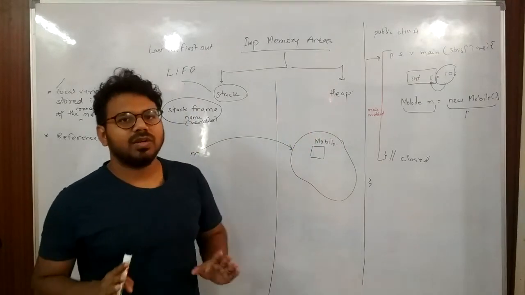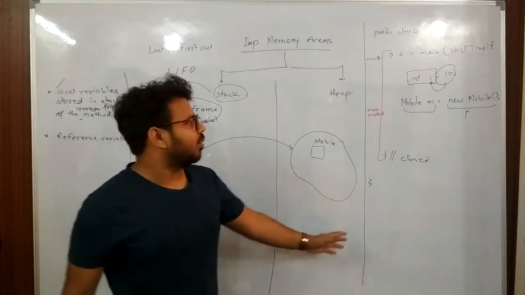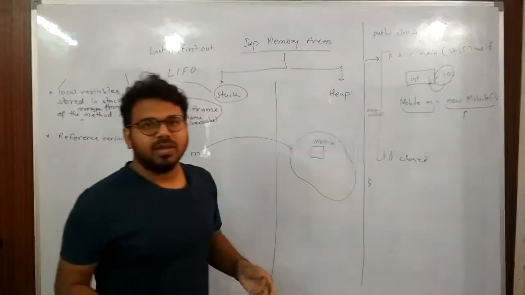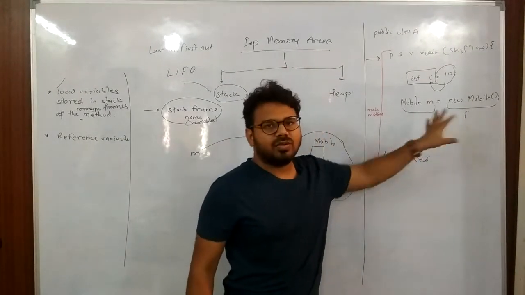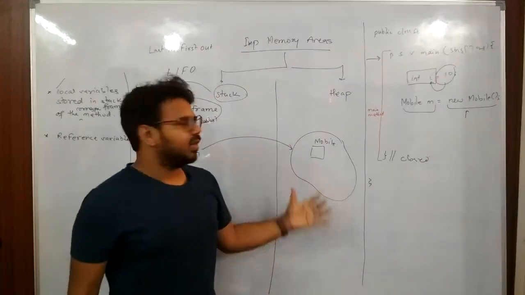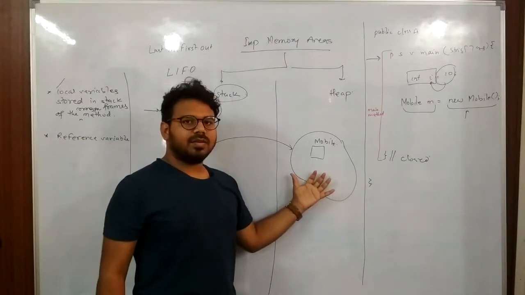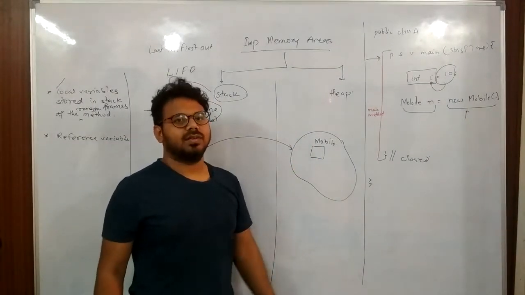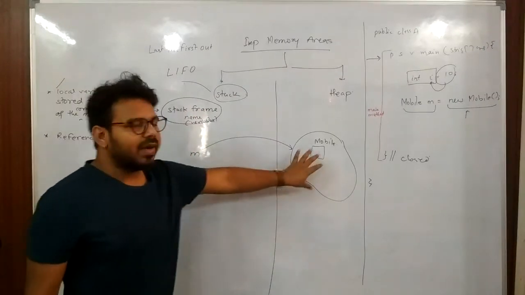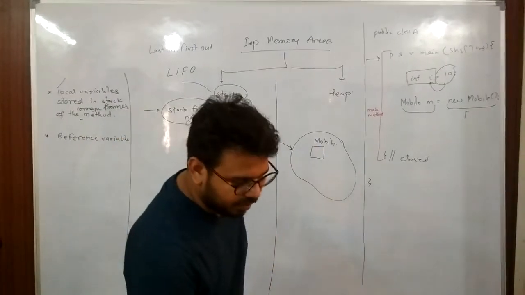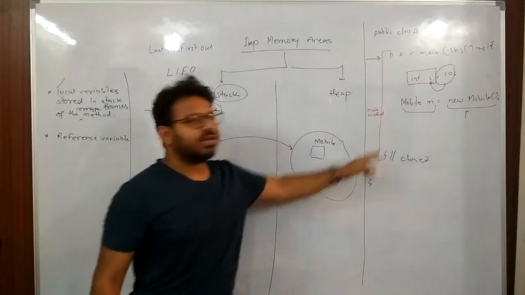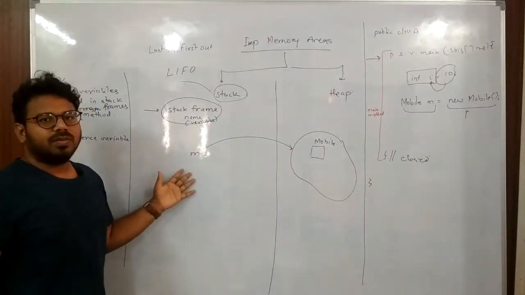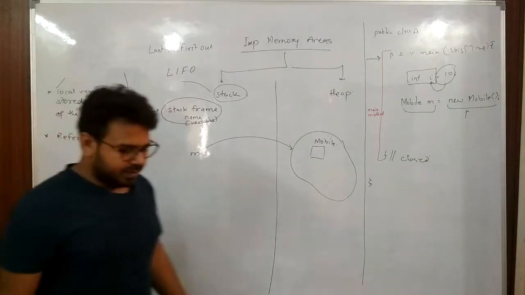There should be no doubt regarding this, whether an object will be created on stack or heap. Whenever there is the new keyword, surely we are going to create a new object in the heap area. So a mobile object is created in the heap area here, and the reference variable is always created in the stack frame of that particular method.